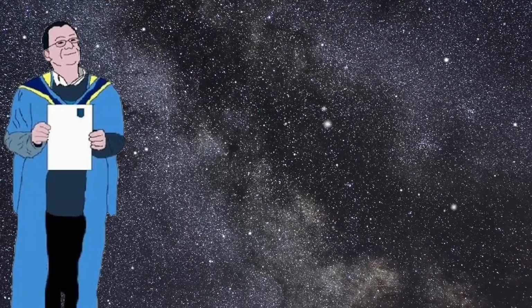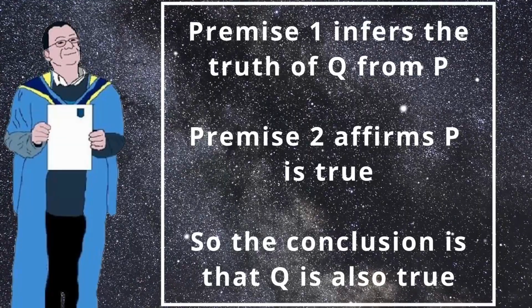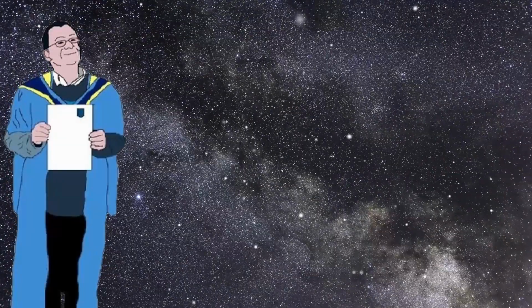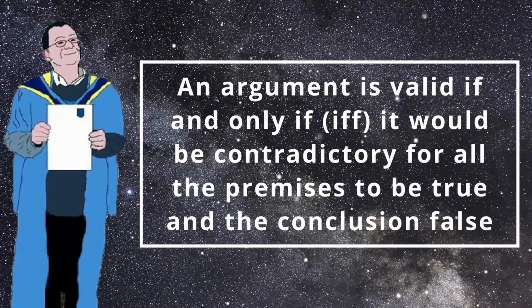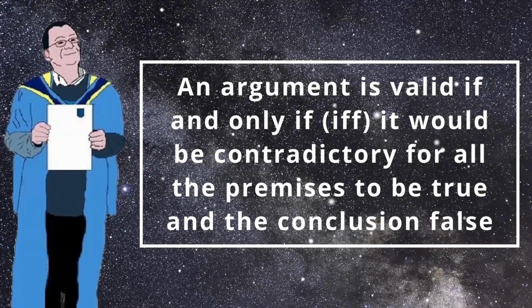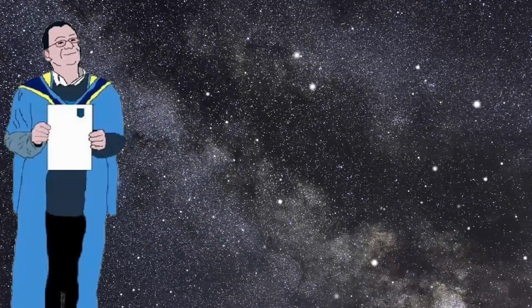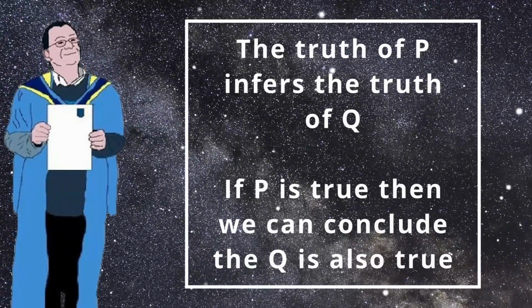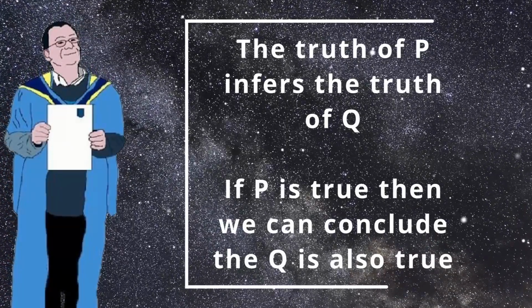It is impossible for both premises to be true without the conclusion also being true, meaning that the argument is valid. An argument is valid if, and only if, the premises preserve the inferences through to the conclusion and guarantee the conclusion. P infers Q, so Q follows from P. P is true, so therefore we can conclude that Q is true.